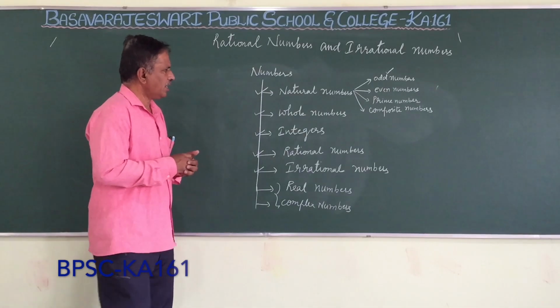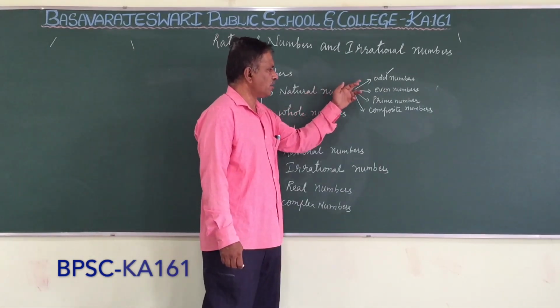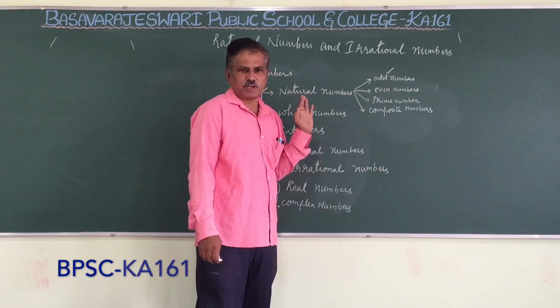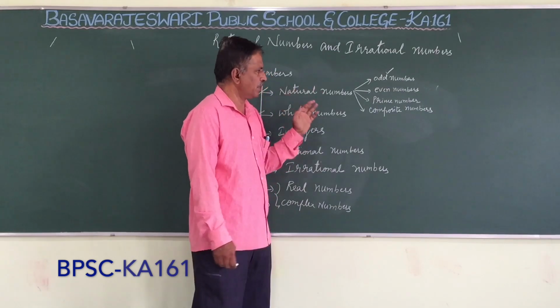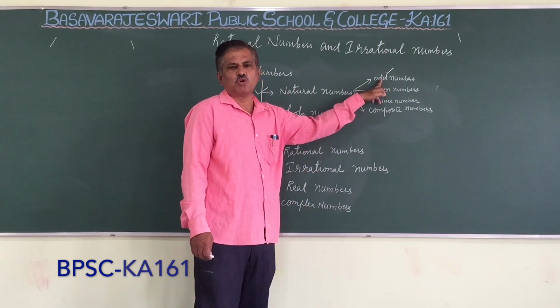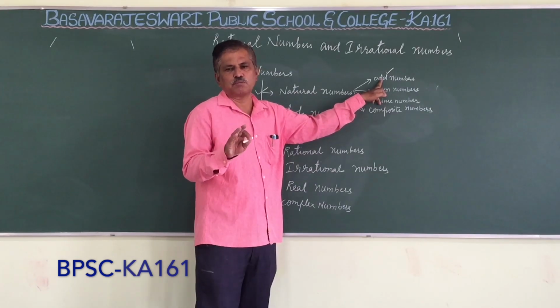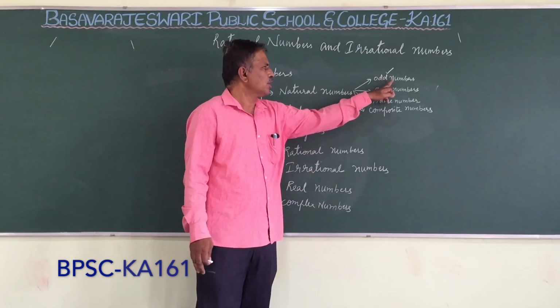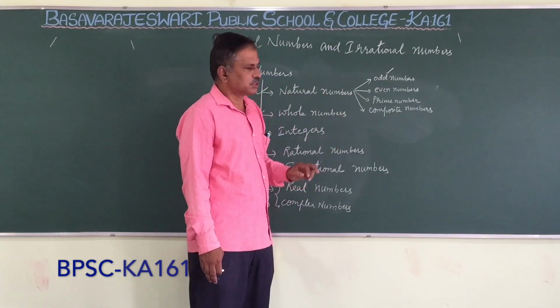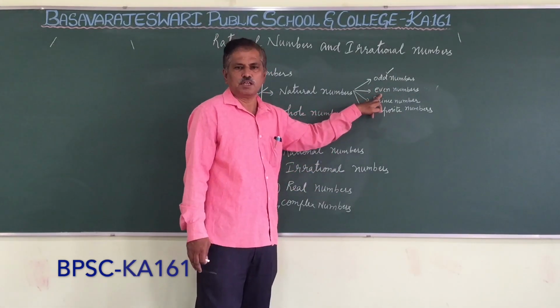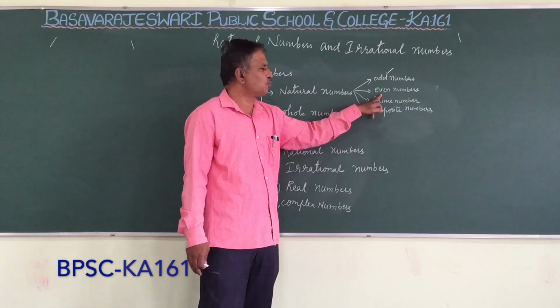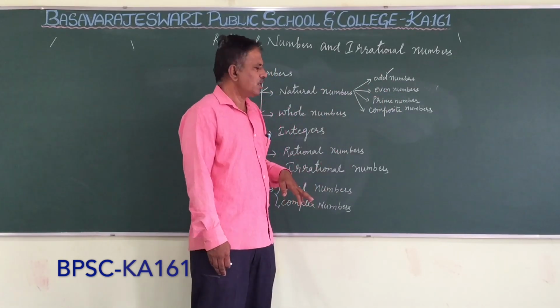So odd numbers are those which are not multiples of 2, and the numbers which are multiples of 2 are even numbers.